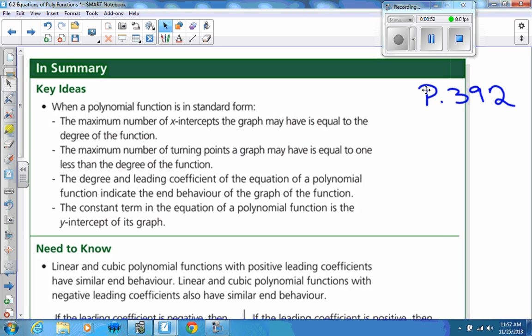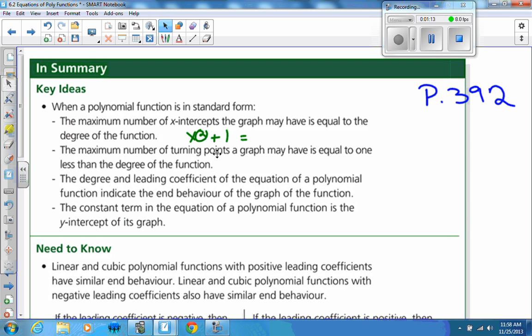So the maximum number of x-intercepts the graph may have is equal to the degree of the function. So for example, if you have x squared plus 2, your graph should have 2 x-intercepts possible, right? Okay.